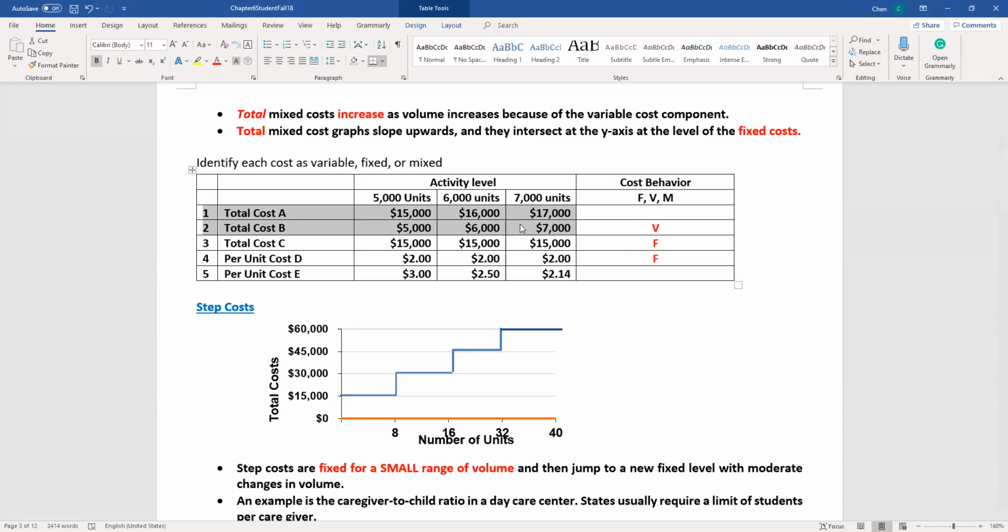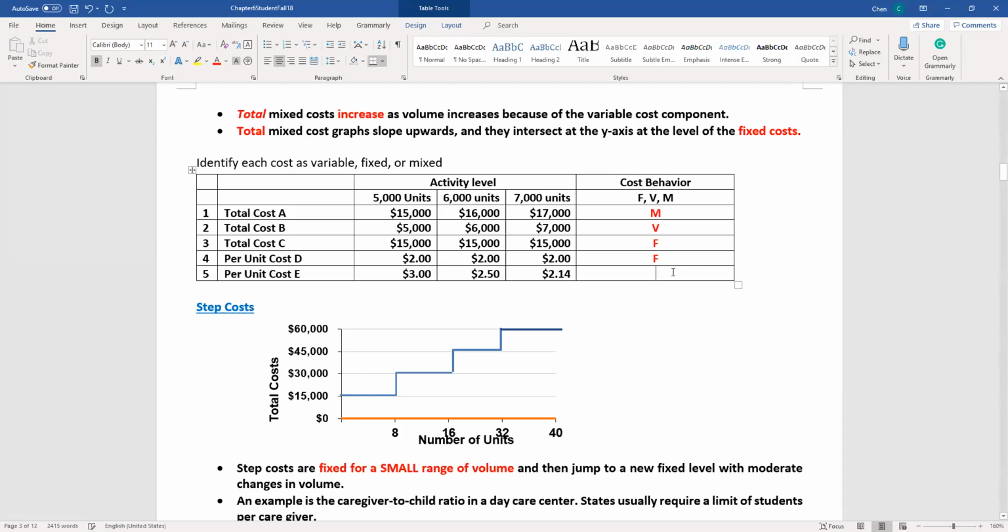And then total cost A looks like you add $10,000 to every total cost B. Okay, so it looks like a variable cost plus $10,000 at every level of units. So we'll say that this is a mixed cost.